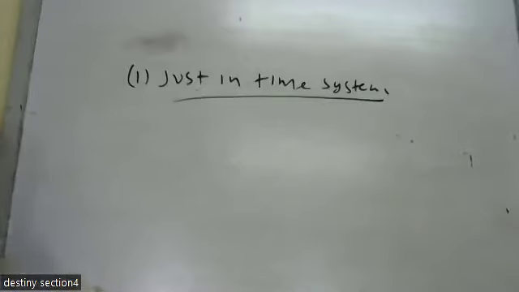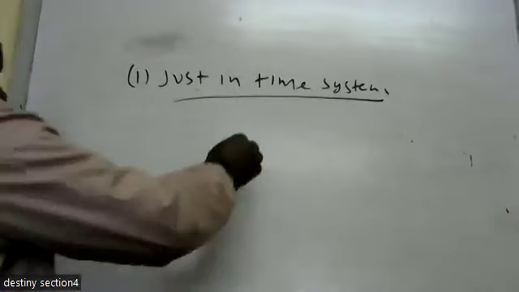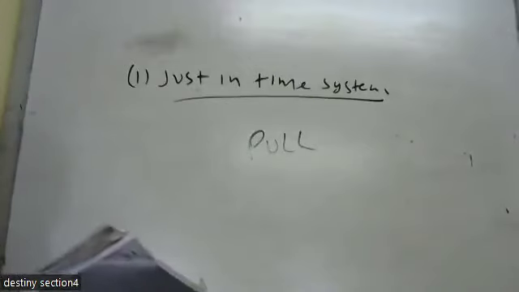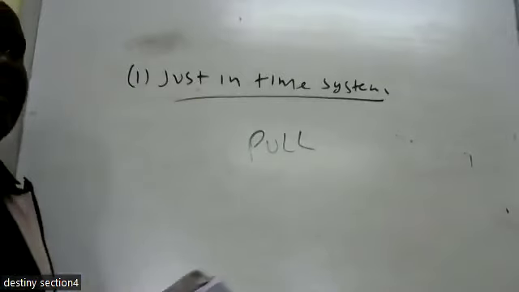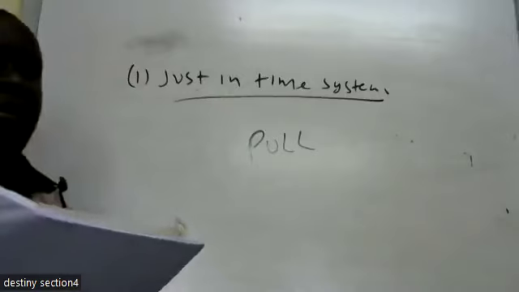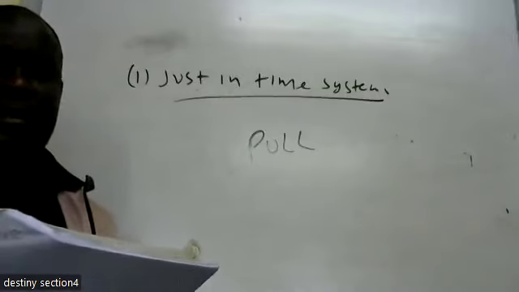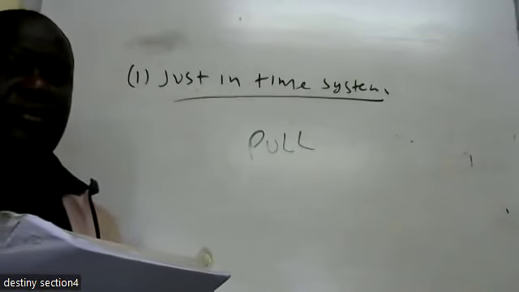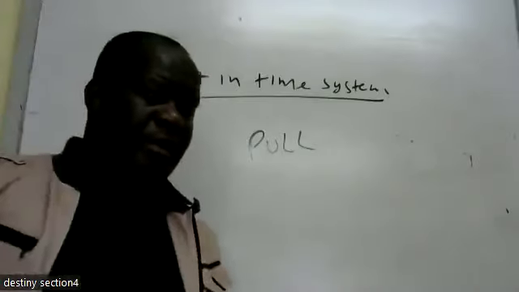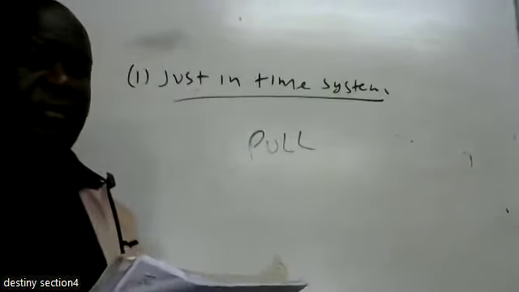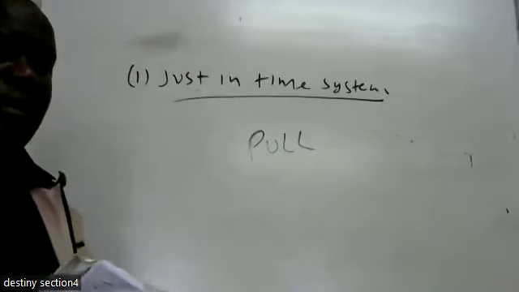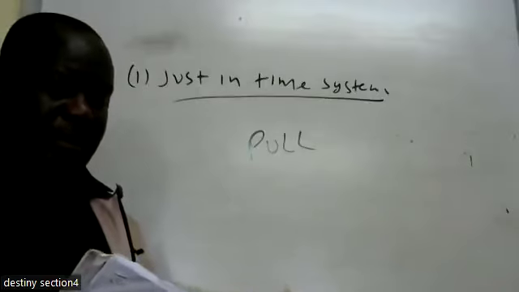Then we continue by writing that it is a demand pull production system, with the aim being to produce required high quality goods exactly at the time they are required.